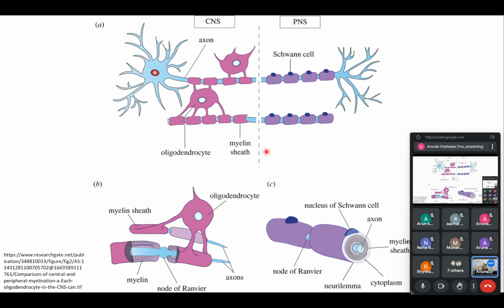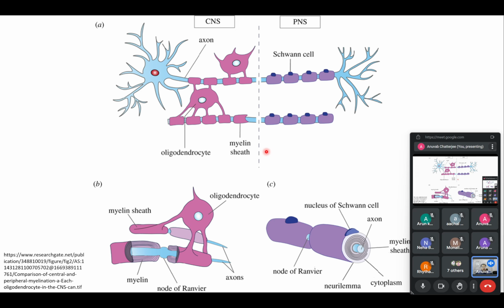There are some specialities and differences between the central and peripheral nervous systems. One of the important ones is that there are glial cells, which are non-neuronal cells that take care of essentially everything in the central nervous system. These include astrocytes, microglia, as well as oligodendrocytes.